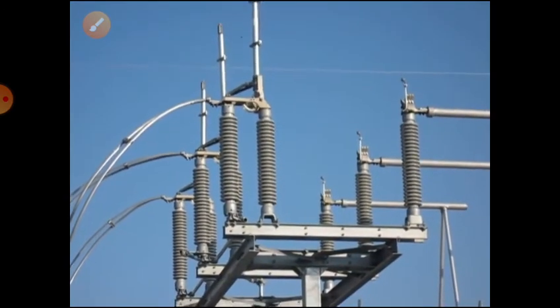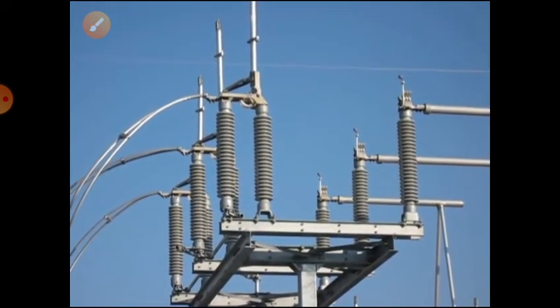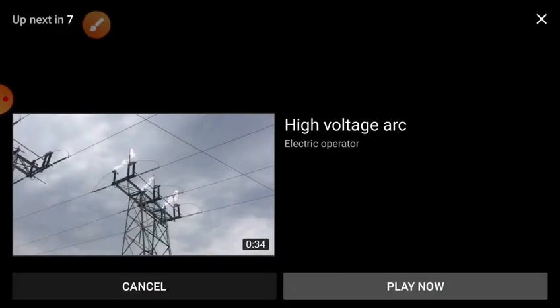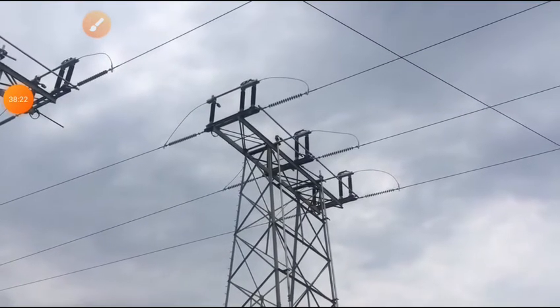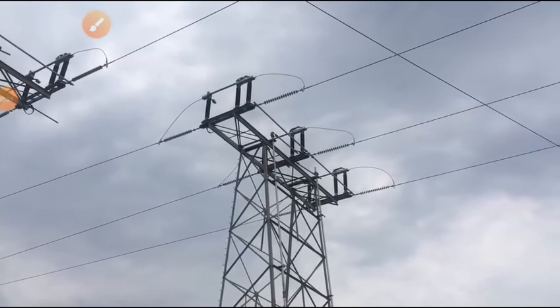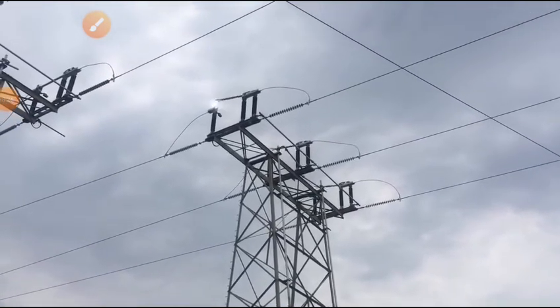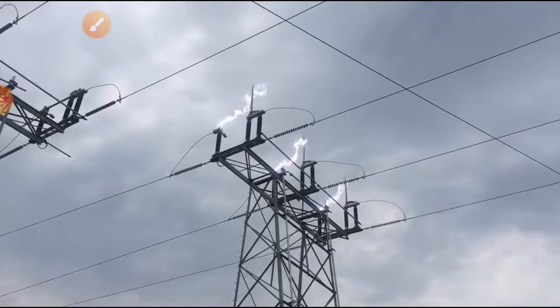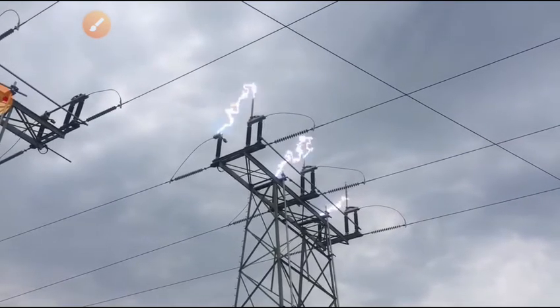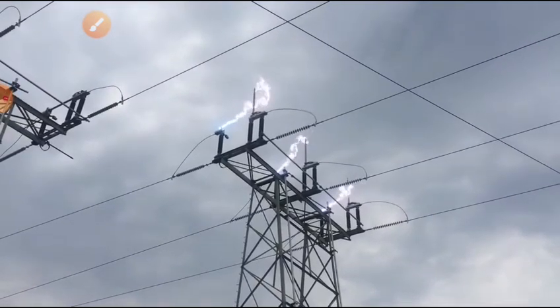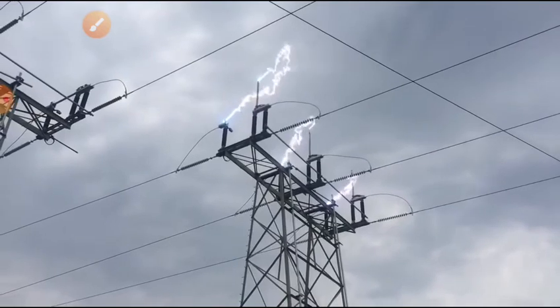Bus to bus, in between we placed one isolator, and that isolator is open. See here also, it is a line isolator. You can see the line isolator, so the line is opened, charging current. You can see the intensity of the charging currents.